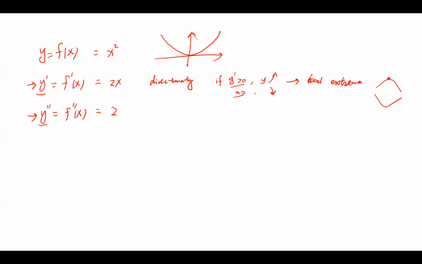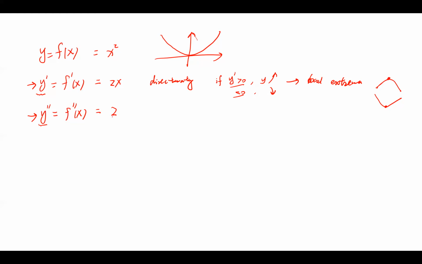Similarly, local minimum. So that's how we can find the maximum and minimum without using the second derivative. Again, we can also use the second derivative, but without using it, we can also do this, by just analyzing the directionality of the function.